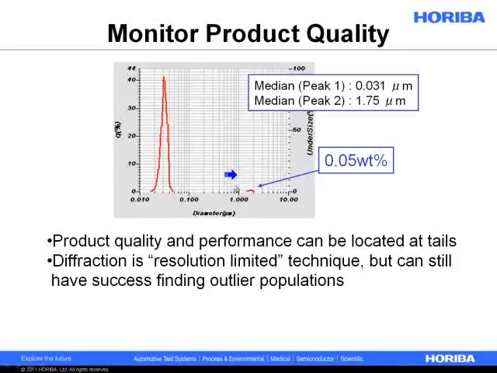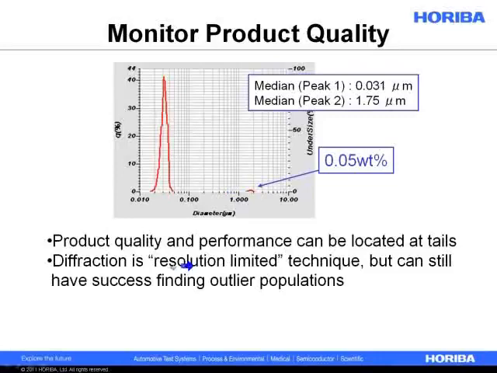So even a very, very small percentage of outliers, the diffraction technology has been proven it can pick it up. And almost as importantly, especially for the CMP application, it was able to correctly place the main distribution as well. This is the other factor that a lot of CMP companies care about: where is the main distribution and are there any large particles? And in one measurement, laser diffraction was able to tell you both.